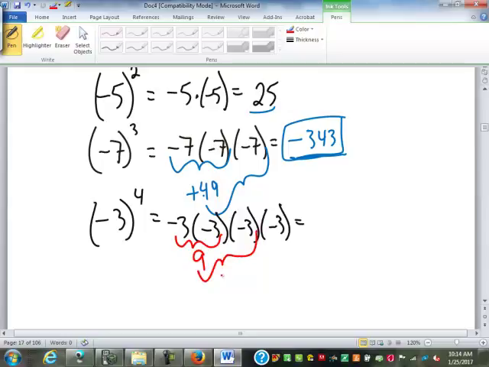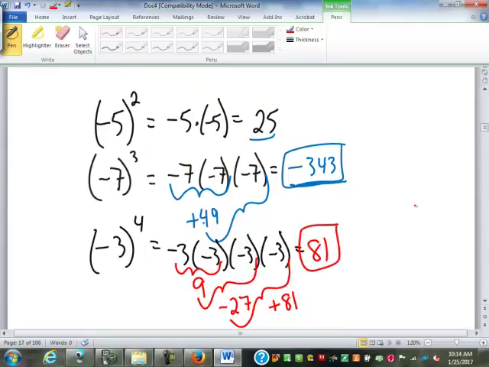Positive 9 times negative 3? Careful, negative 27, right? Positive times negative will be negative. It is negative 27. Now, a negative 27 times negative 3 is, negative times a negative will be positive. 27 times 3 is 81. So it's a positive 81.